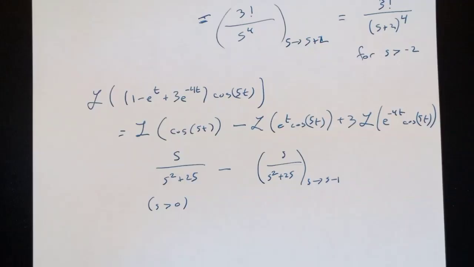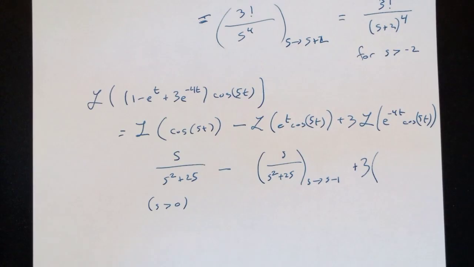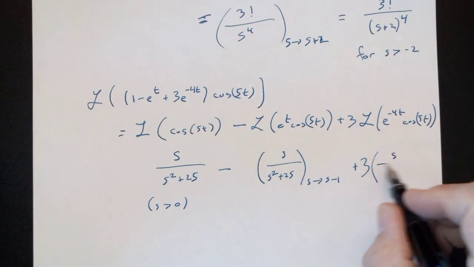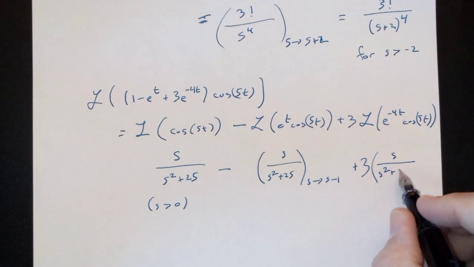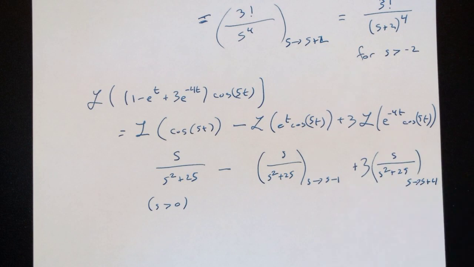What's the last one going to do? Except the shift is different because that's e to the minus 4t. It's s minus a, so it's minus the negative 4, making it s plus 4. Everywhere I see an s inside this parenthesis, I replace it with an s minus 1.